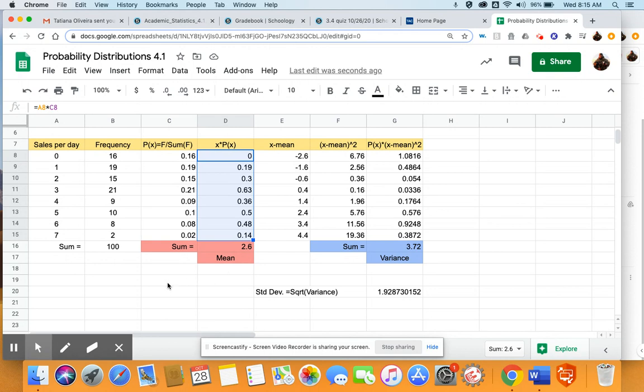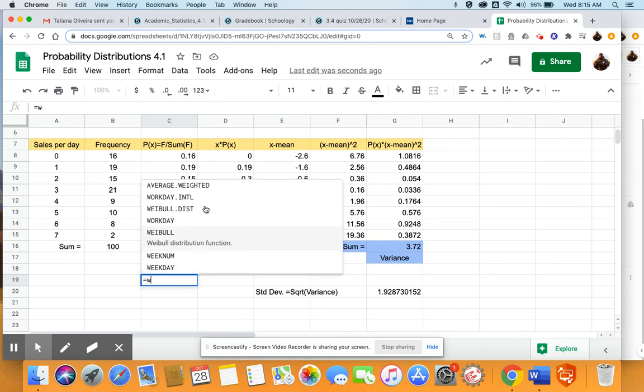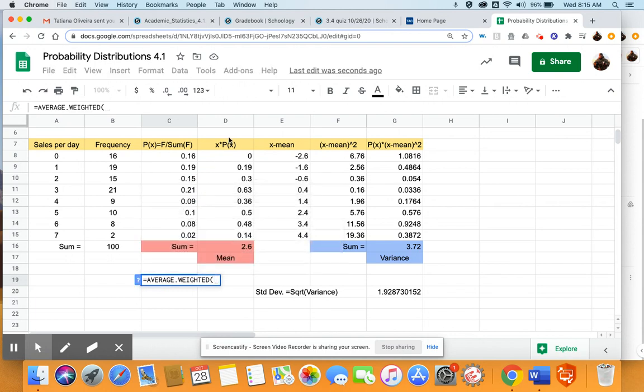I do want to check something because I didn't check it before. Let's try if we did this: equals average weighted. If we do average weighted, we would need to highlight these x values, comma, and these probability values.